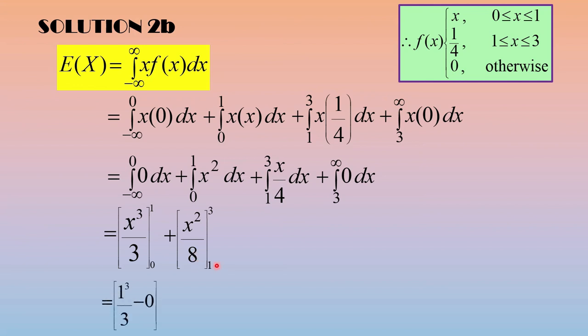Then we substitute the value of 1 minus 0, plus we substitute the value of 3 and minus 1 over 8. We have 4 over 3. This is the value for expected value. Therefore, EX is equal to 4 over 3.